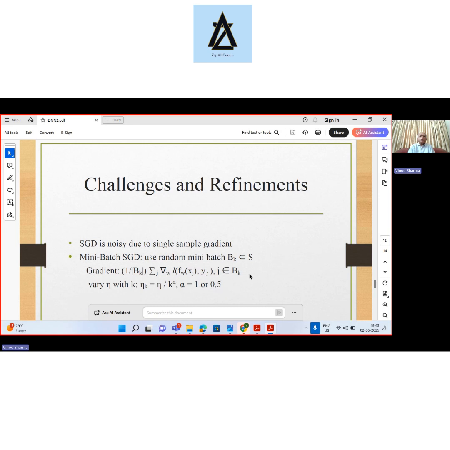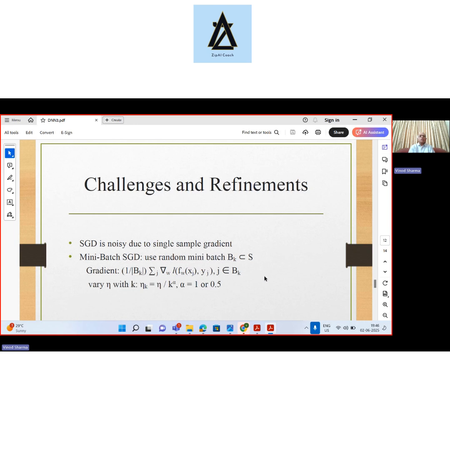So this algorithm, you can think of as some compromise between gradient descent and stochastic gradient descent. In gradient descent, at each iteration of the algorithm, you are taking the gradient of this function at all points x1, y1 to xn, yn.